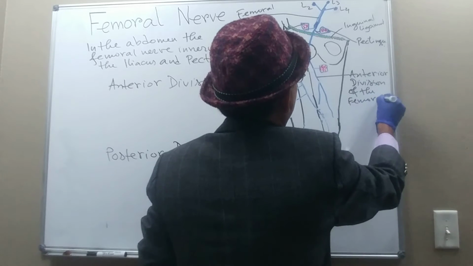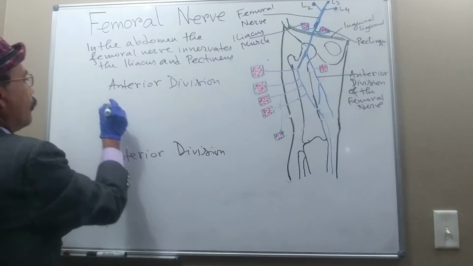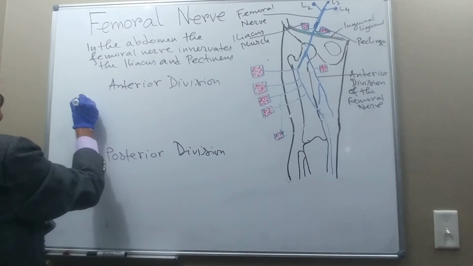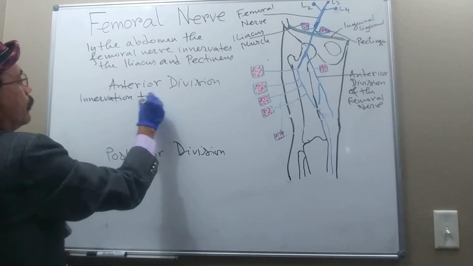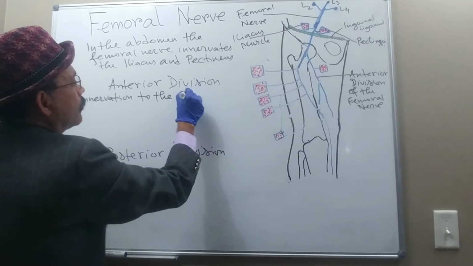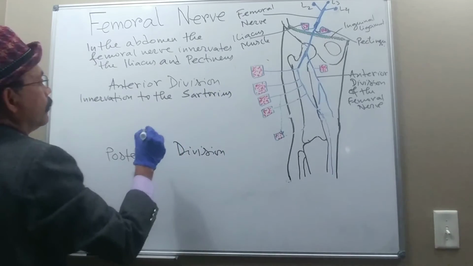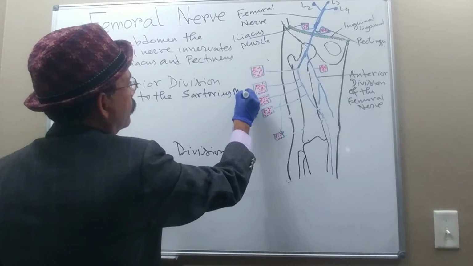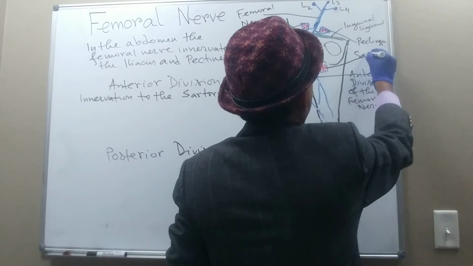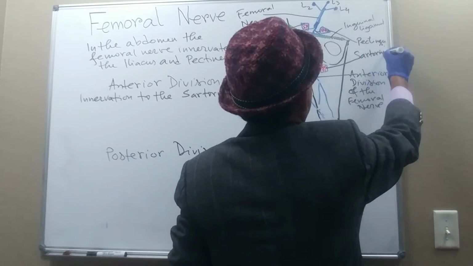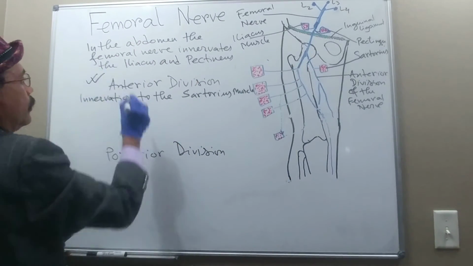The anterior division innervates the sartorius muscle. Okay, this is the sartorius muscle.